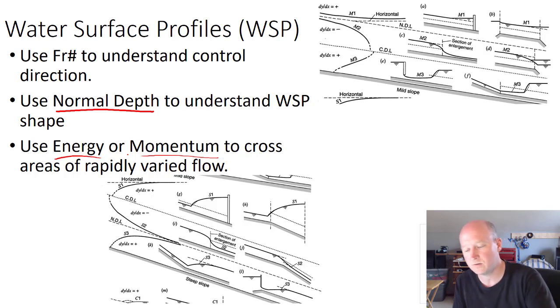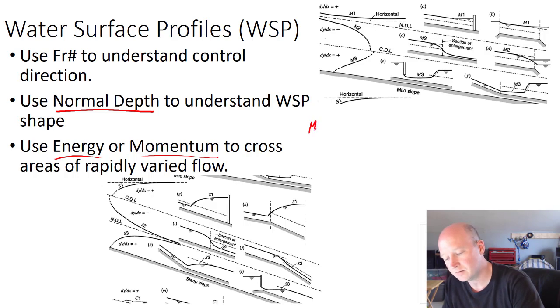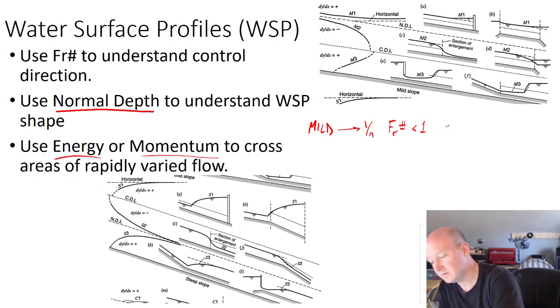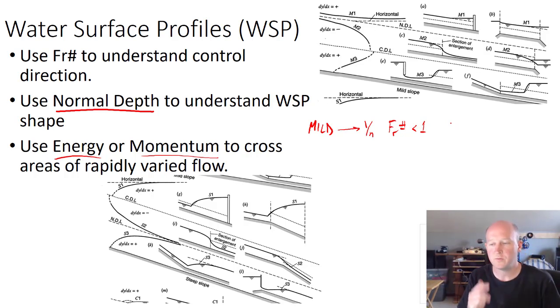So the idea is that a mild channel or a mild slope for a given flow rate says basically that the normal depth and the Froude number associated with the normal depth are subcritical. And so what that means is that most of the time downstream controls, but we want to take into consideration all the possibilities.